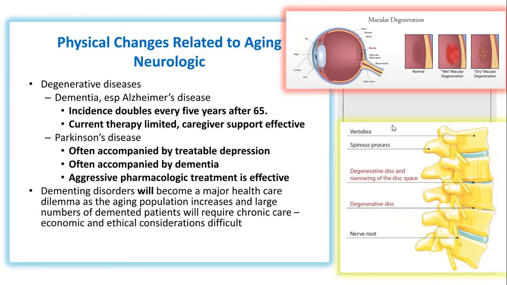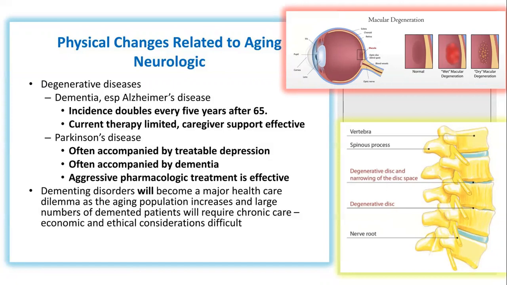Another age-related problem occurs in the musculoskeletal system. This is the healthy vertebra, spinous process, and between two vertebrae, intervertebral discs. Degenerative disease of the discs narrows the space between the two vertebral bodies because of aging, erosion, right?